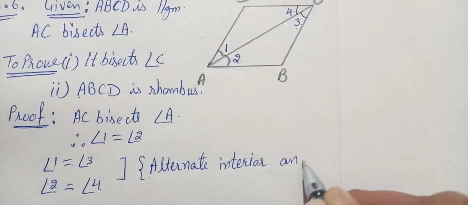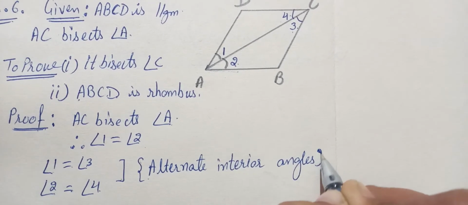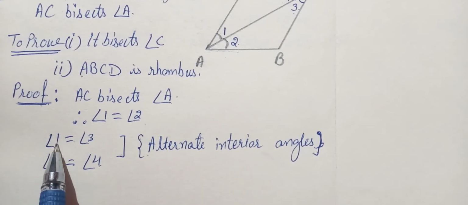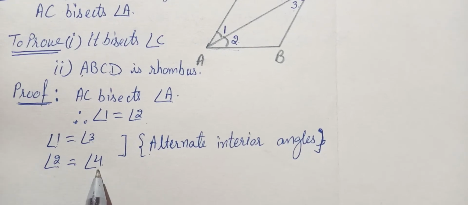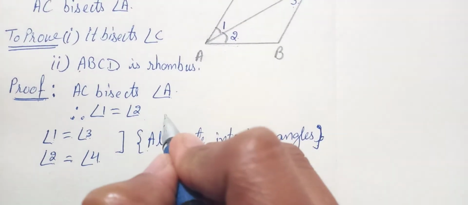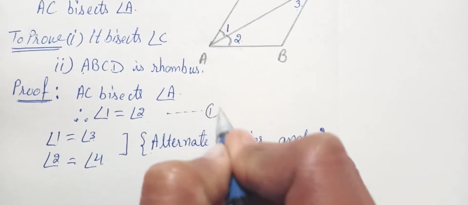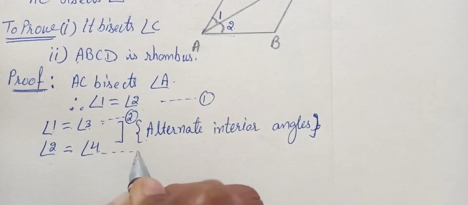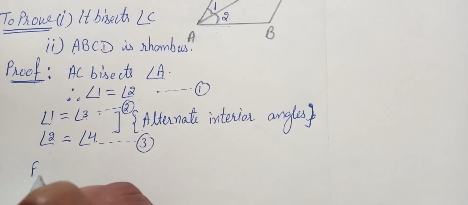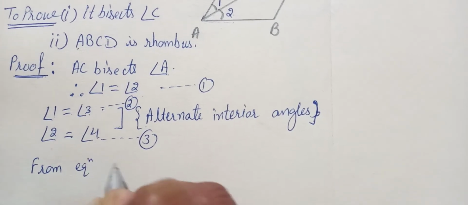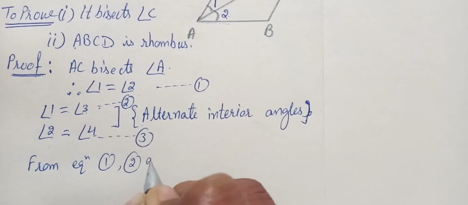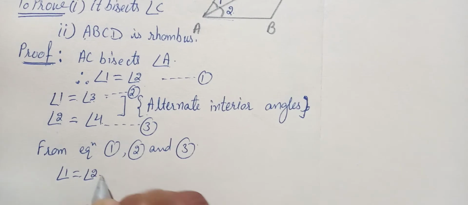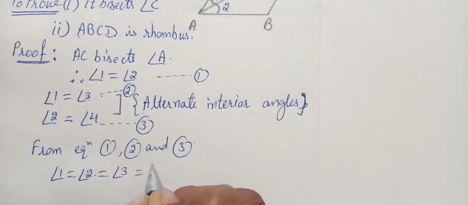Alternate interior angles. Now we have angle 1 equal to angle 2, angle 1 equal to angle 3 also, and angle 2 equal to angle 4 also. If we mark these as equation 1, equation 2 and equation 3, then from equations 1, 2 and 3 we get angle 1 is equal to angle 2, which is equal to angle 3, which is also equal to angle 4.